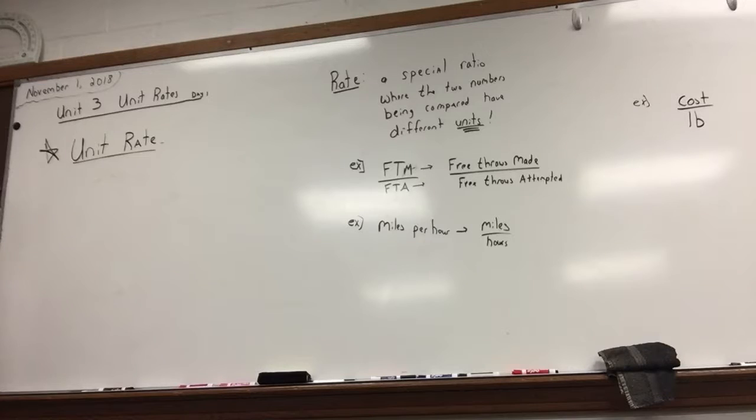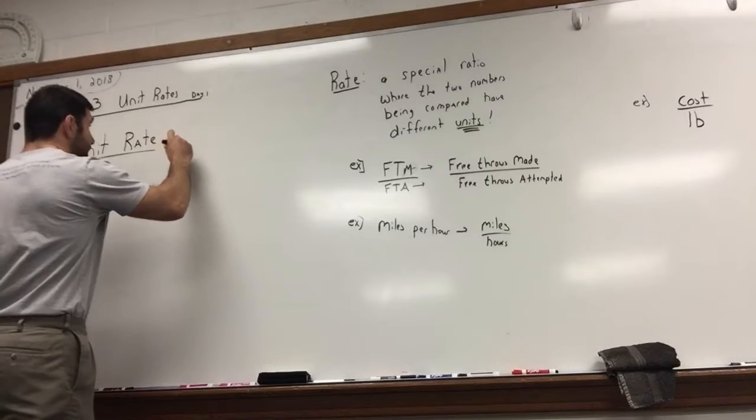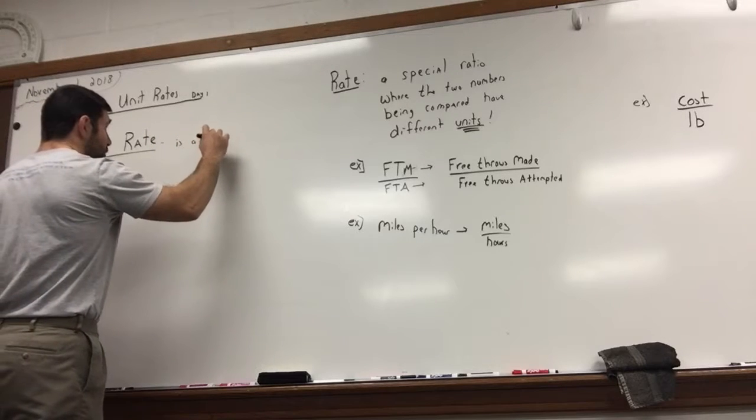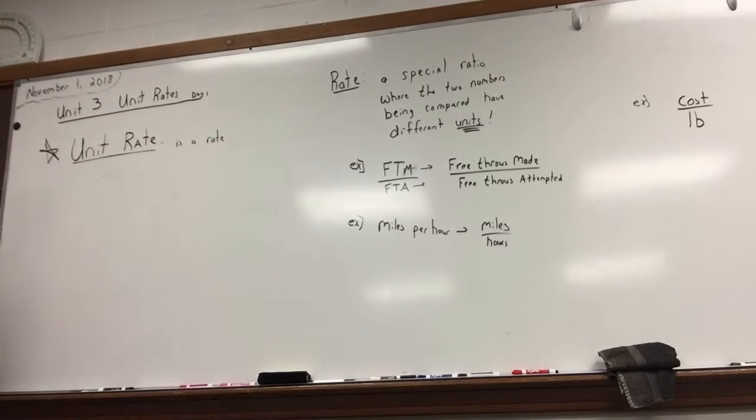So, what word do we see in unit rate that we already know? I mean, everybody's hand should be up. Rebecca, rate. What is a rate, Taylor? Special material where two numbers will be paired, that have different units. So a unit rate is a rate. So it's still a rate. It's still going to have different units.